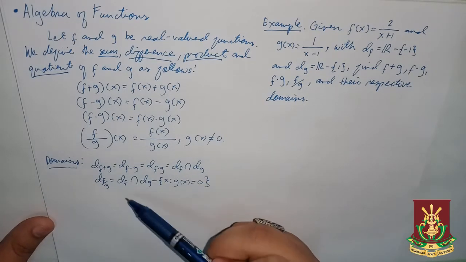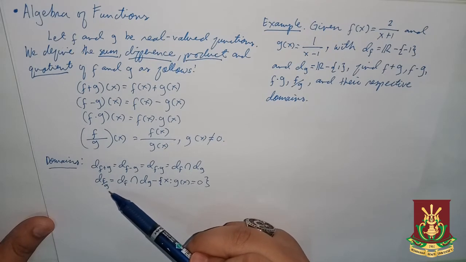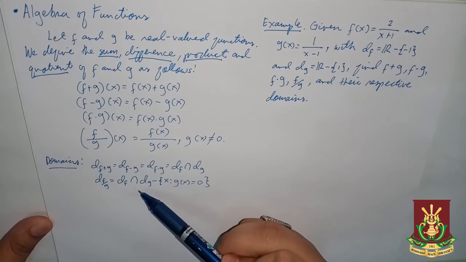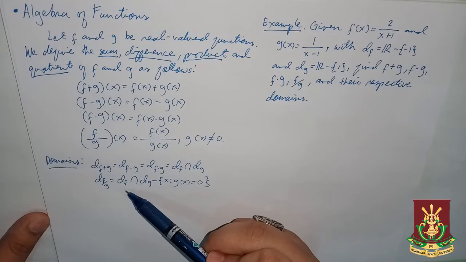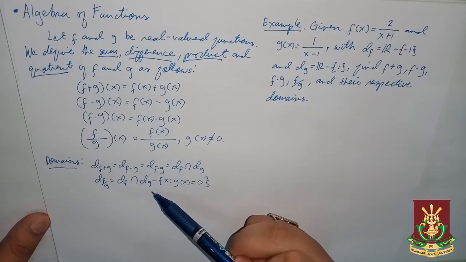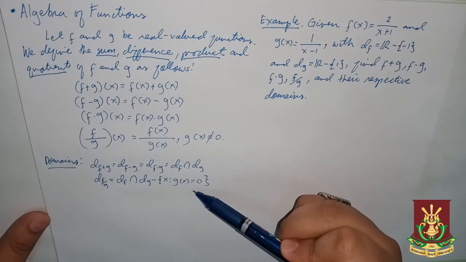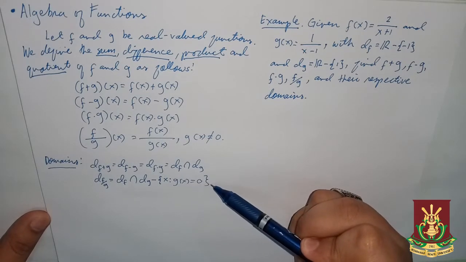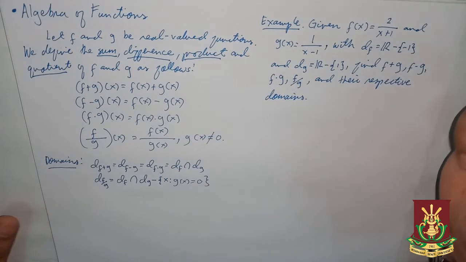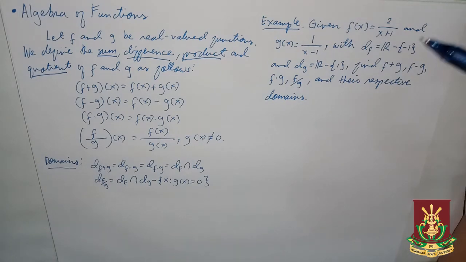Finally, the domain of the quotient f over g is equal to the intersection of the domain of f and the domain of g minus the set of all x such that g of x equals 0. Let's have an example.